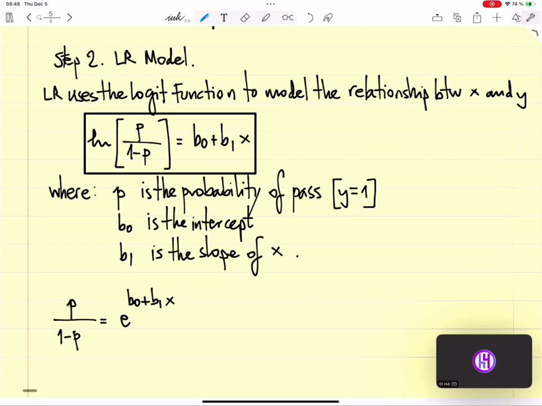Then we say p equals exponential of b0 plus b1x minus p times exponential of b0 plus b1x.